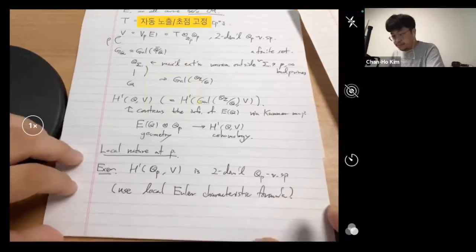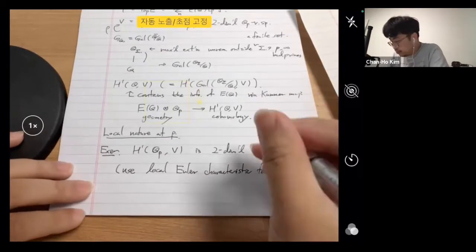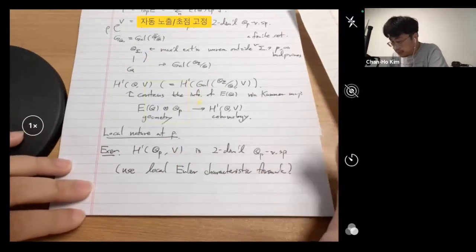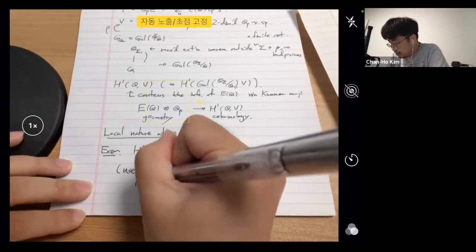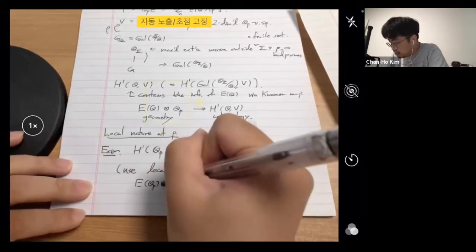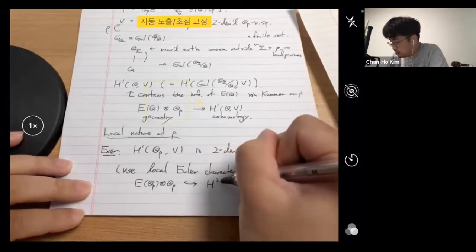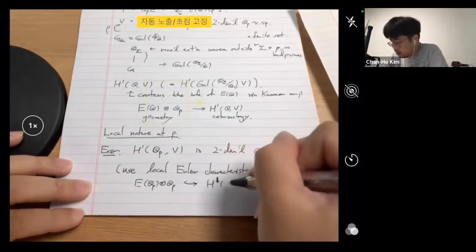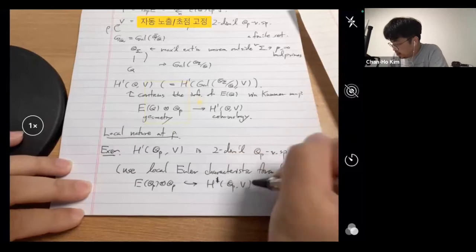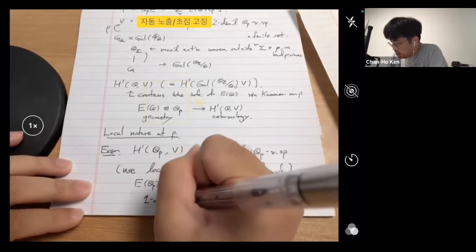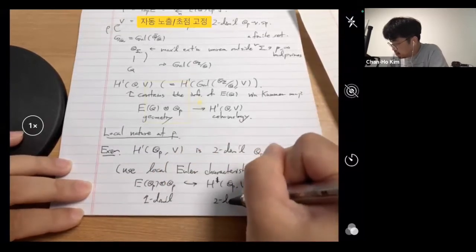Then we can put the local points in the local Galois cohomology again. And one good thing here is that we know the dimension: this is one-dimensional, and this is two-dimensional.